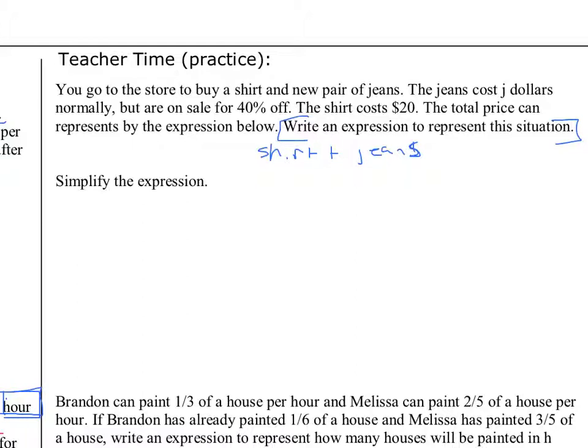How much does the shirt cost? How much does the shirt add to our total price? Dahlia, $20. The jeans get a little bit trickier. How much would the jeans normally add to our total price? Read through the problem.